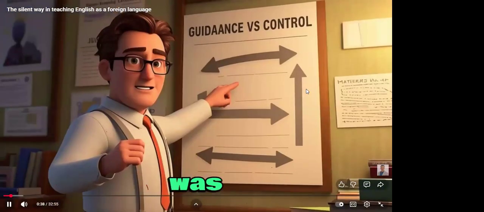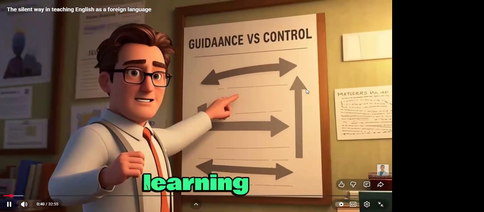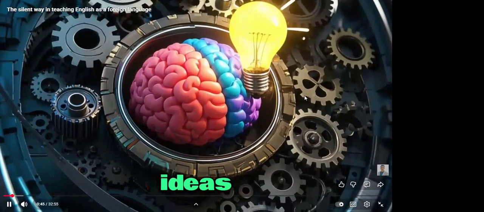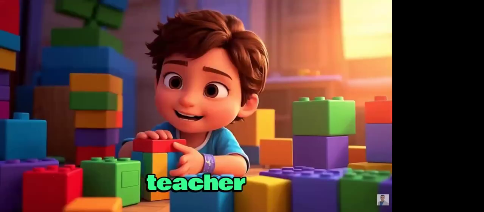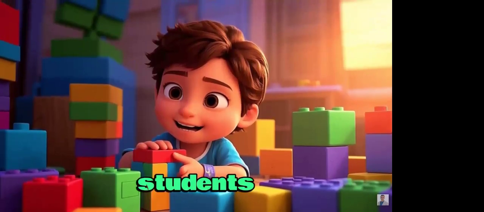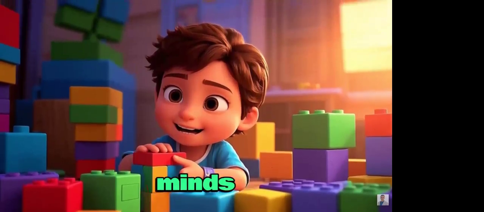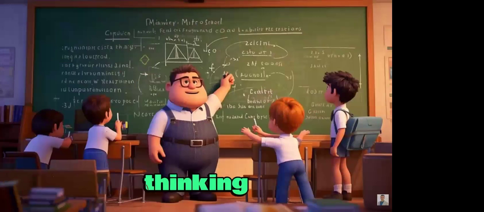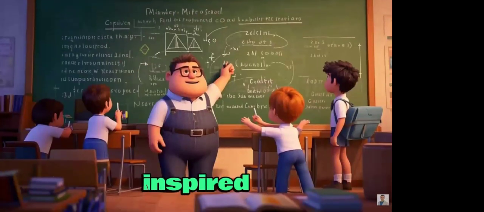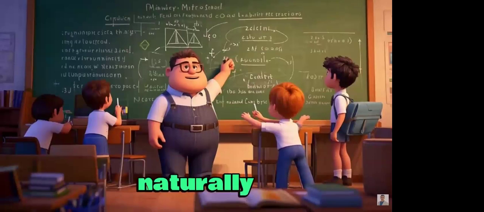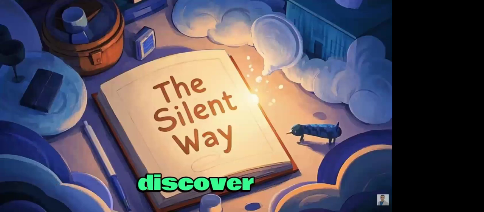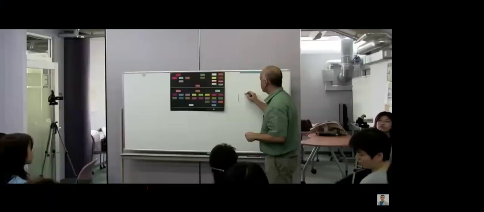And making mistakes was okay because it showed they were learning. Caleb Gattegno created the silent way based on similar ideas. He believed that the teacher should guide learning, not control it, and the students should use their own minds, like their thinking, imagination, and creativity, to learn. He was inspired by how children learn to speak naturally, and believed that students learn best when they discover things by themselves.